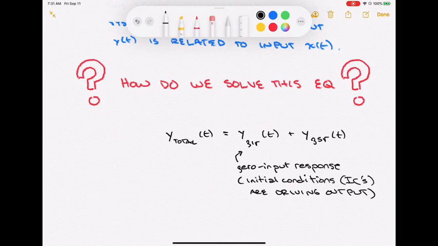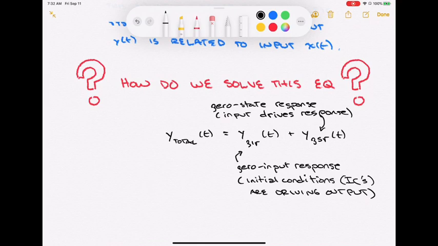And then the ZSR is the zero state response. Because it's in zero state, all the ICs are equal to zero, and in this particular case, the input drives the response.